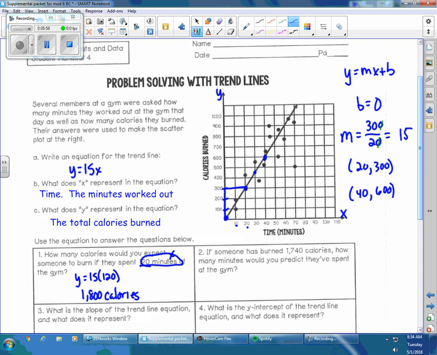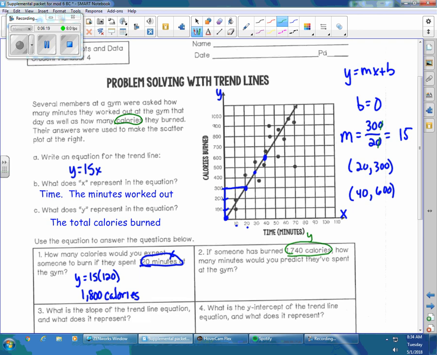Okay, so the next one. If someone burned 1,740 calories, now calories, I should have color-coded this. So this is our calories, that's our Y. How many minutes would you predict they have spent at the gym?